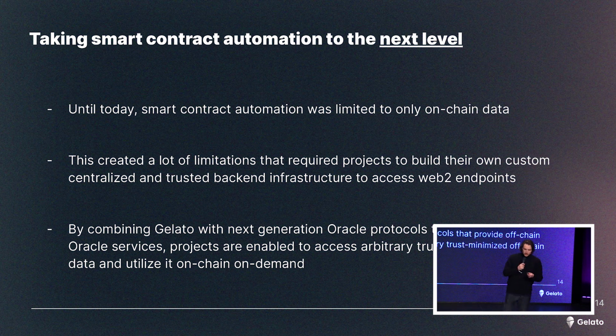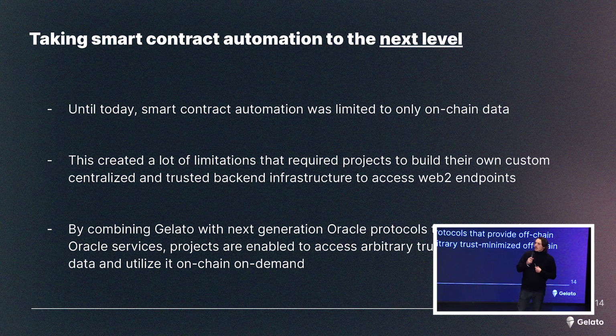And to overcome this limitation, what we have seen from talking to our customers, which are Web3 projects and the users of Gelato, is that they just run their own centralized infrastructure again that does exactly that. And this, of course, is highly unscalable. And if it goes down, the whole application logic of that particular use case won't be executed.